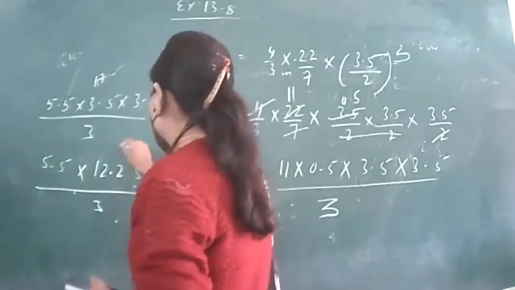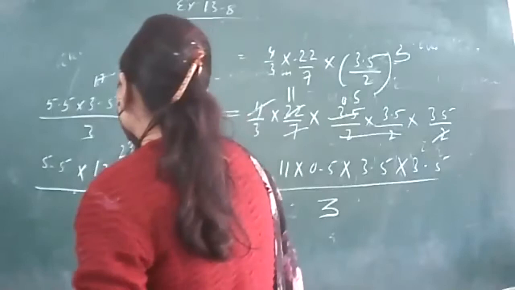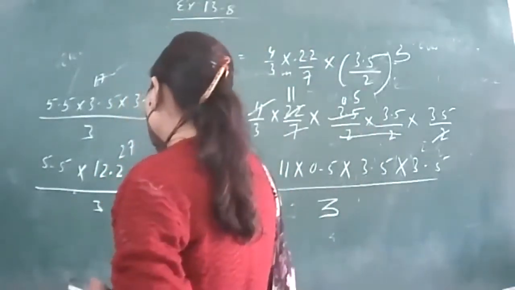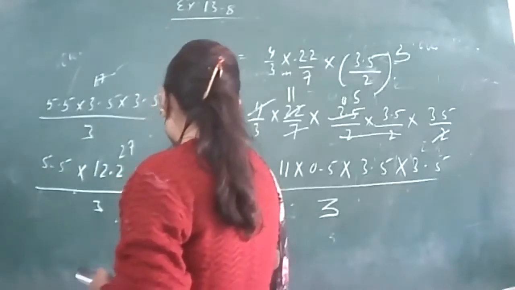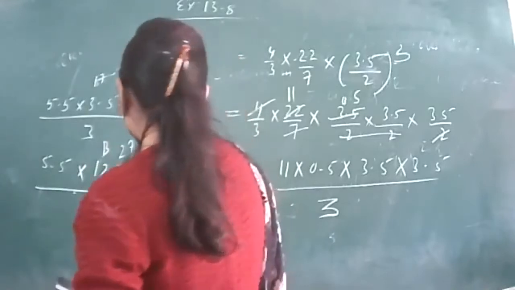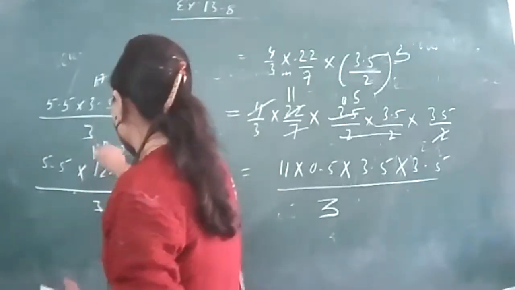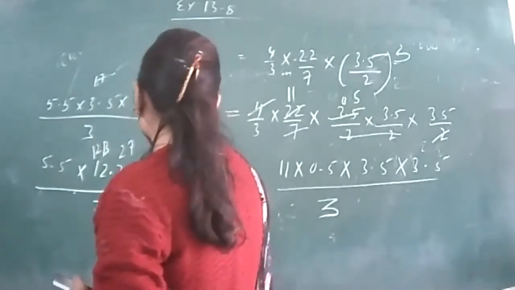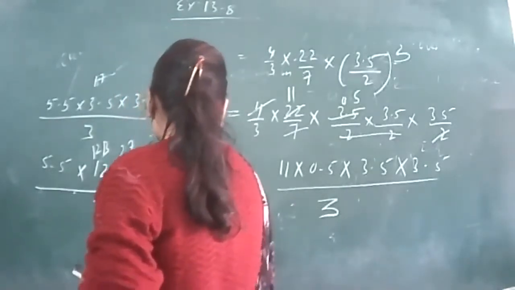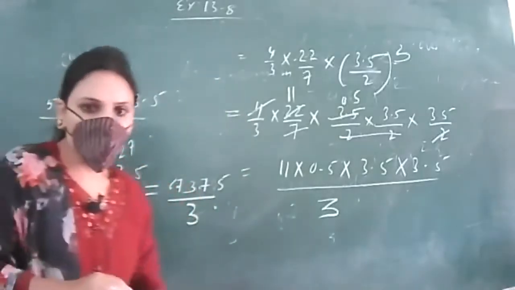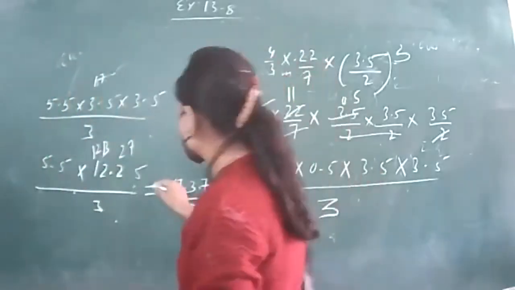275, 110 plus 27, this will be 137, 110 plus 13, 123, 5. 55 plus 12, that will be 67. 67.375 divided by 3 will give you the answer.